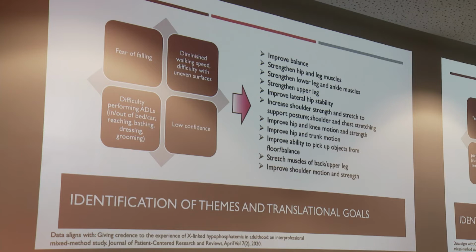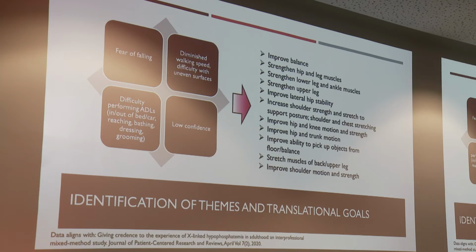They had very diminished walking speed. We certainly saw that in the gait analysis. The walking velocity and the gait patterns were very much slower. And really a lot of hesitancy for going out and walking on surfaces that were uneven because of fear of falling. Low confidence, I've already mentioned.